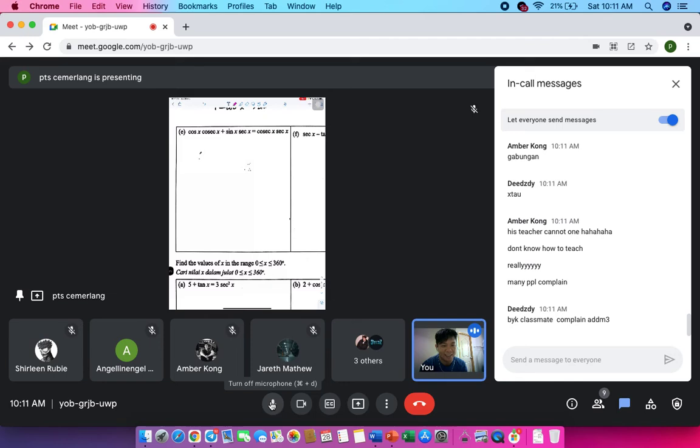But then if he finished everything by now, it's actually a bit fast lah. Too fast lah to me. Sangat laju. So now Amber's teacher is okay lah, Cristiano. Amber's teacher is better lah.